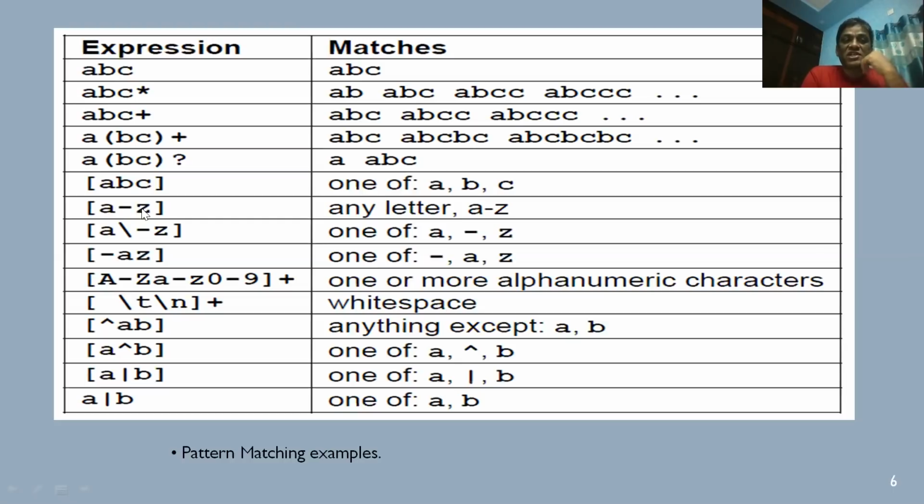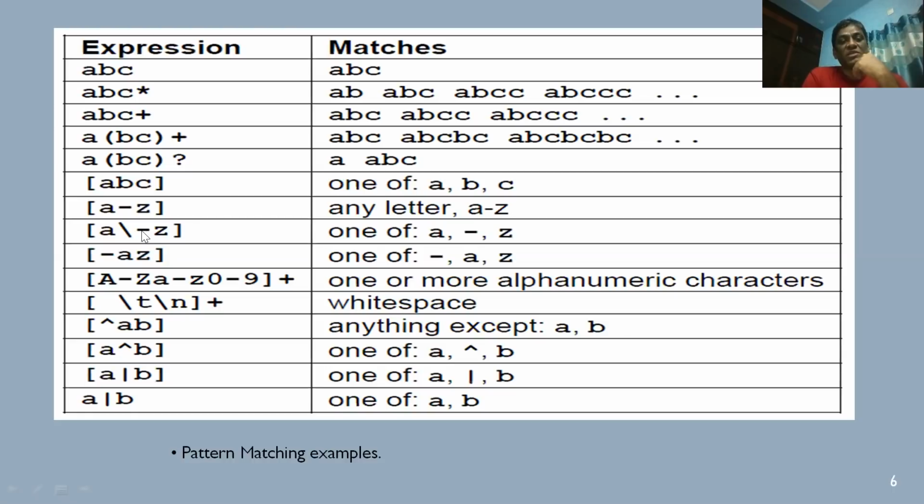This A hyphen Z means all the symbols between A to Z. And A backslash hyphen Z says three characters: character A, character hyphen, character Z. When you want to include the hyphen as a match character in the character set, use this escape sequence backslash.